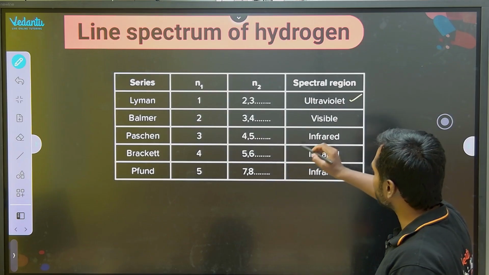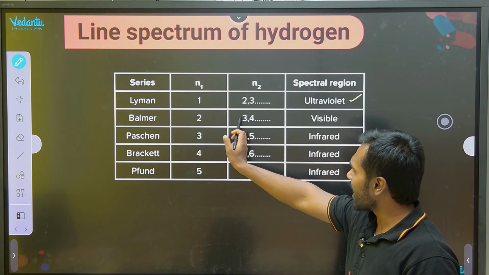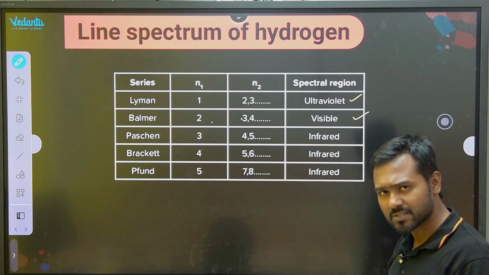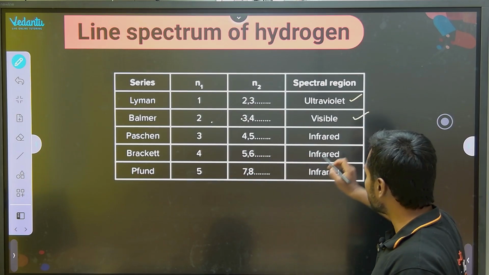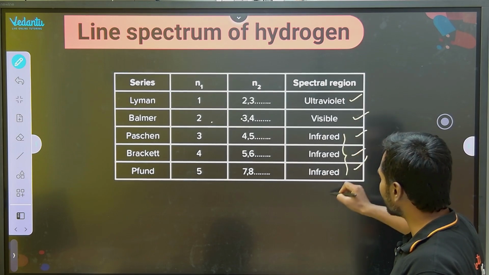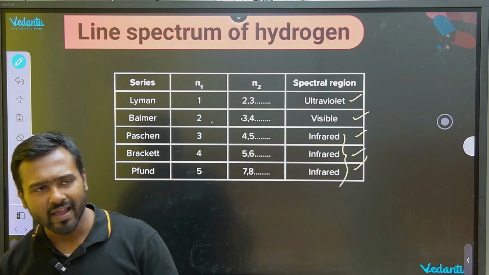Balmer series, from any orbit to the second orbit, falls under visible. Paschen falls under infrared, and Brackett and Pfund also fall under infrared: near infrared, infrared and far infrared.